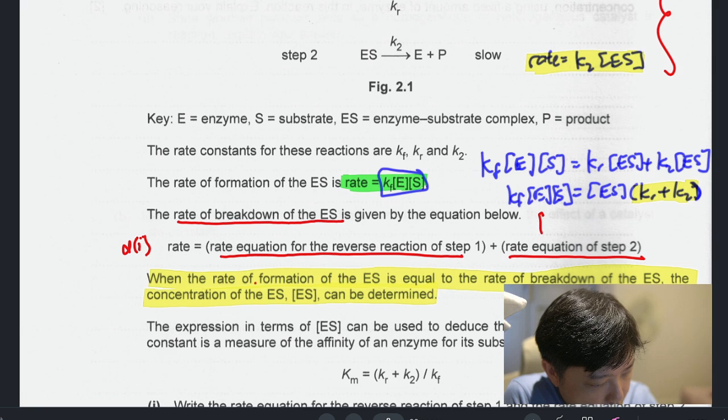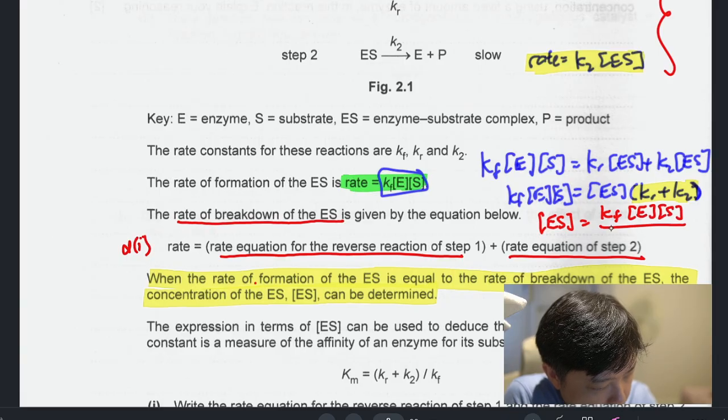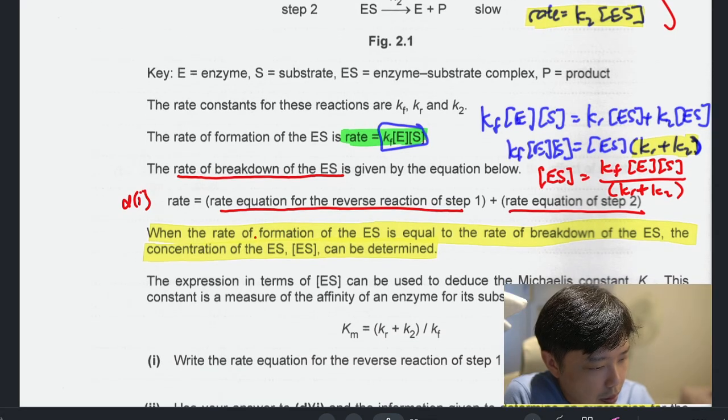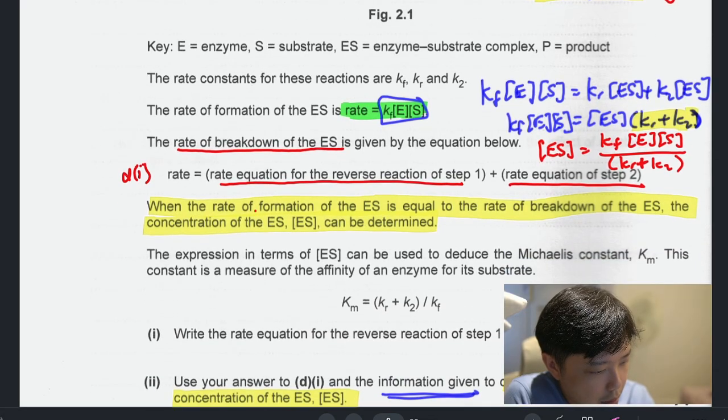Then we have ES equals KF E S over KR plus K2. Alright, so this, ladies and gentlemen, is the expression which we are looking for.